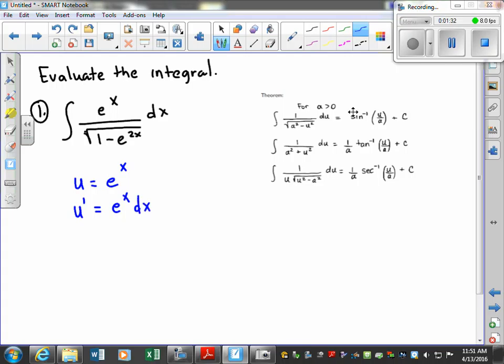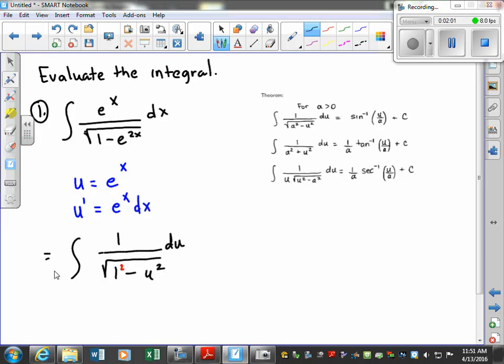If I was to rewrite this with the u, that would be 1 over 1 minus u squared. It might help you to see that this is actually a 1 squared. 1 squared is just 1, but that's not necessarily intuitive when we write that. And then since this is u, we have du.